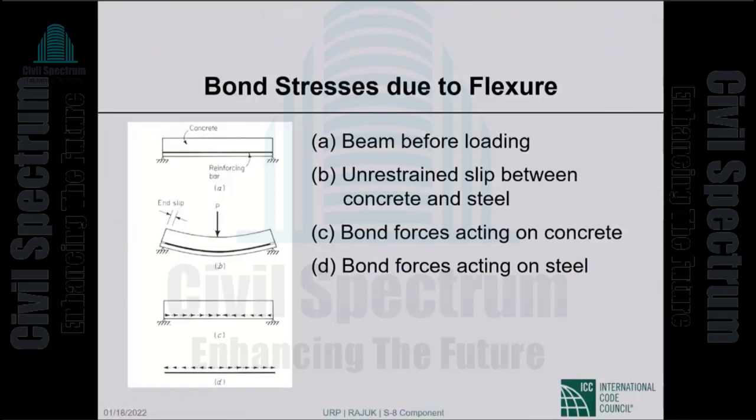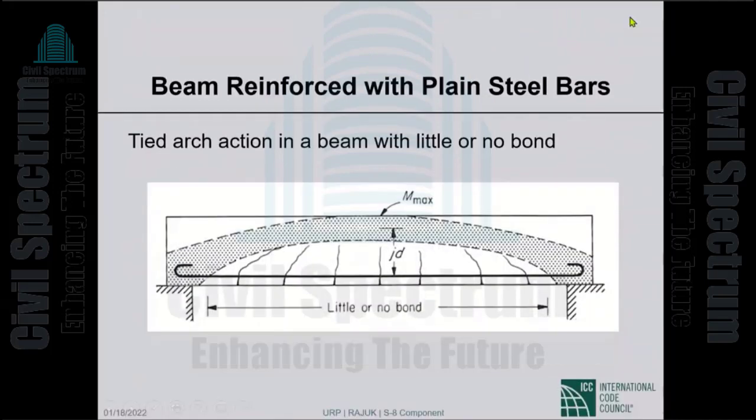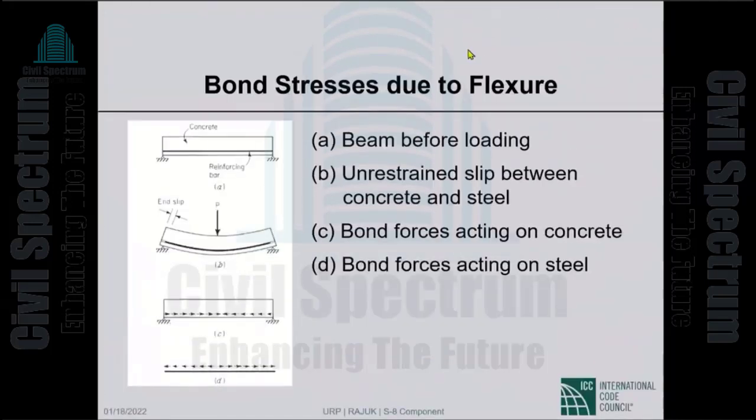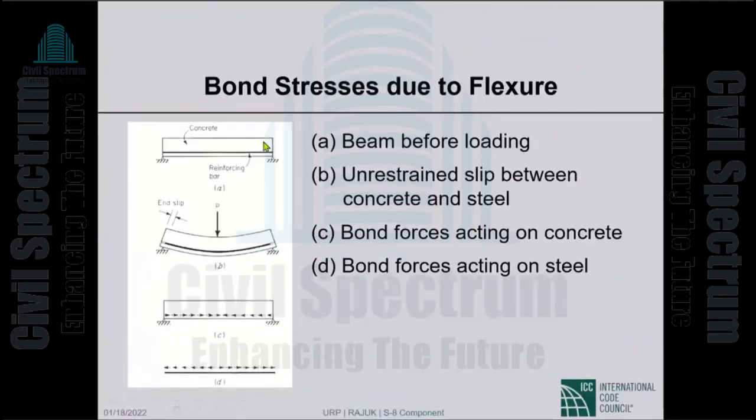As I did yesterday with shear, I think it is good to start with the very basics. In the picture on the screen, this is a beam before it is loaded, and obviously the concrete and the reinforcement are together.